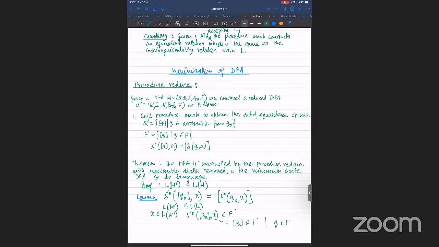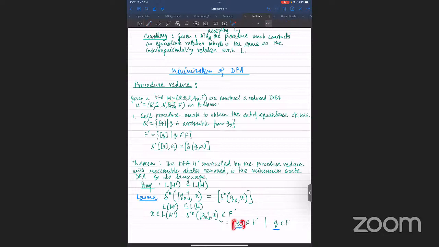So Q belongs to F. Right. So essentially, when we are writing in this way, the equivalence class of Q, that means this equivalence class you are getting by combining several such states in this automaton M, right?